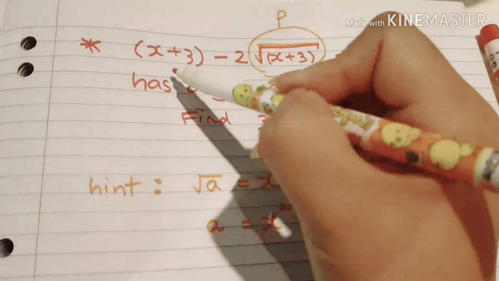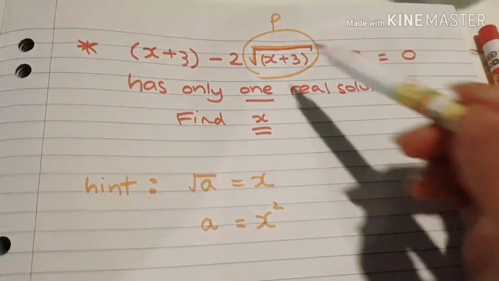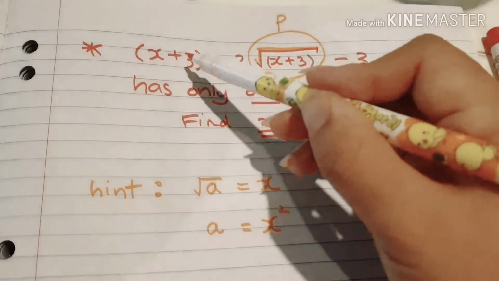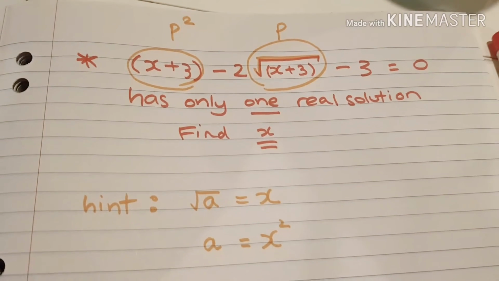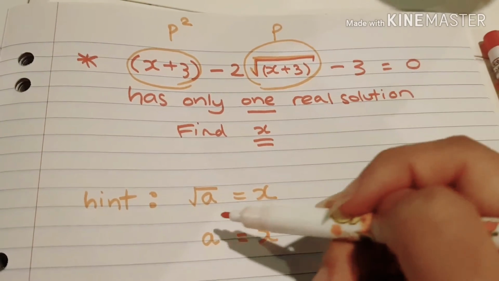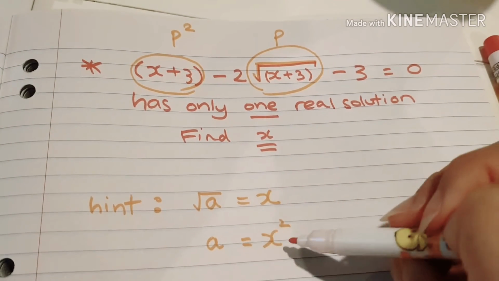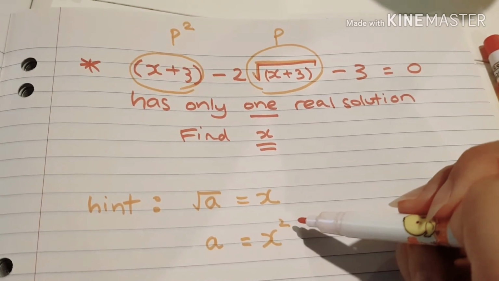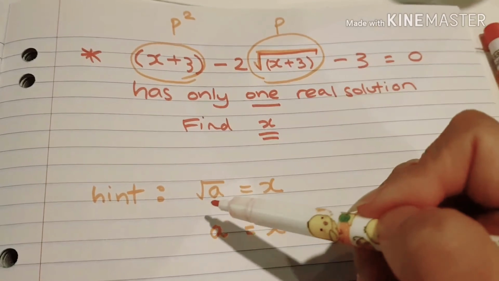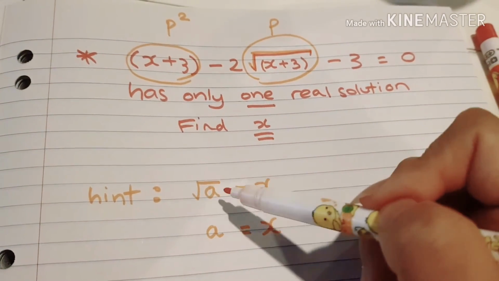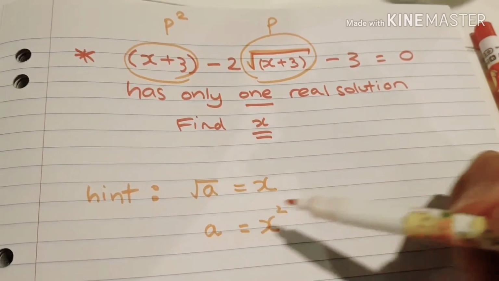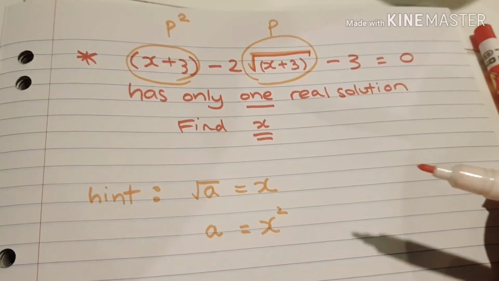Then what should I say this one? If this is p, what will that one be? p squared, isn't it? Because I let the square root of a be x, the normal a will be x to the power of 2.